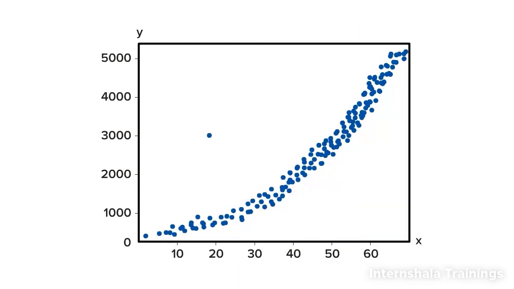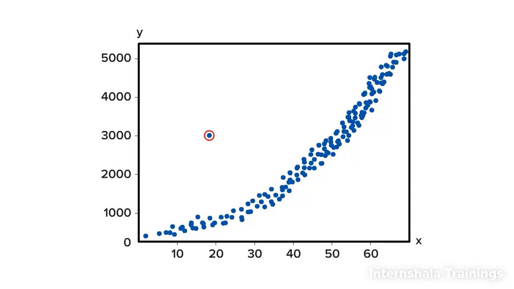For example, let's say hypothetically, the scatter plot between two variables, say x and y, came out as shown on the screen. Now as you can see, the absolute value of this data point with value 3000 is within the range of the overall values for the y variable, which ranges between 0 and 5000.